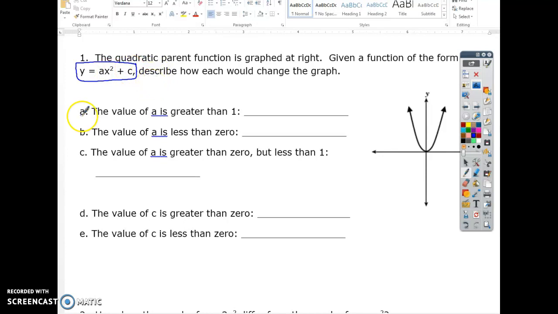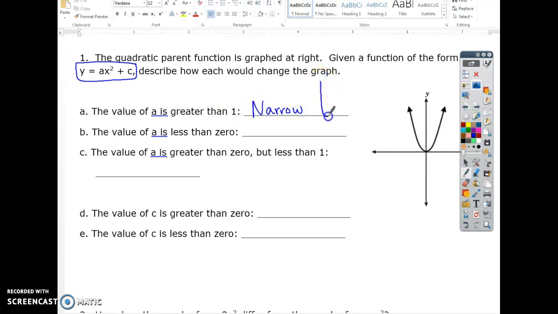Okay, so here, the value of a is greater than 1. So what happens when this number right here is greater than 1? For example, what if it's a 2, or a 3, or a 4, or a 5? The graph is going to get narrow.